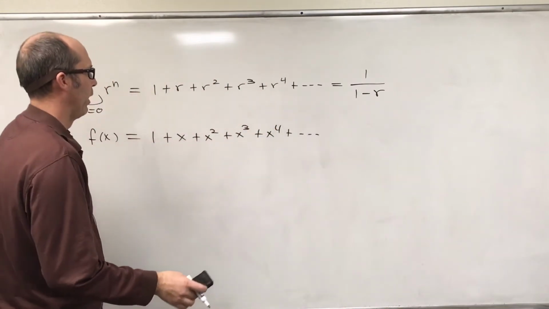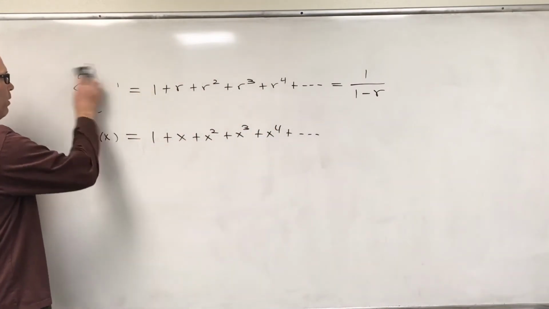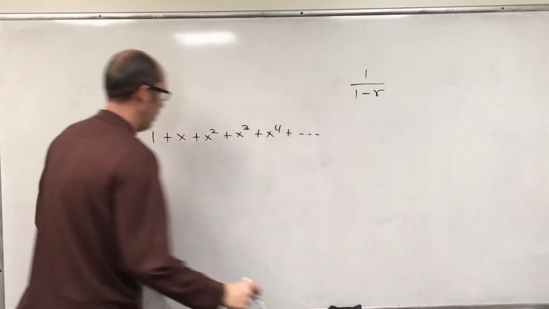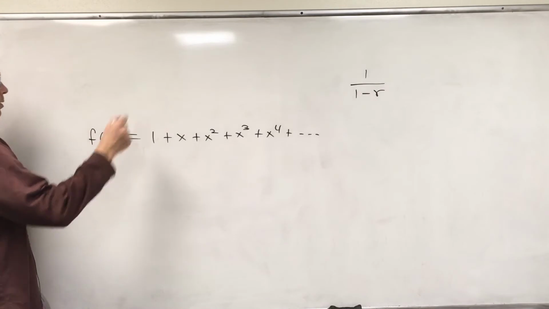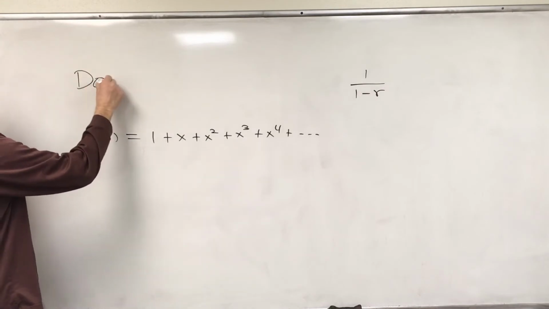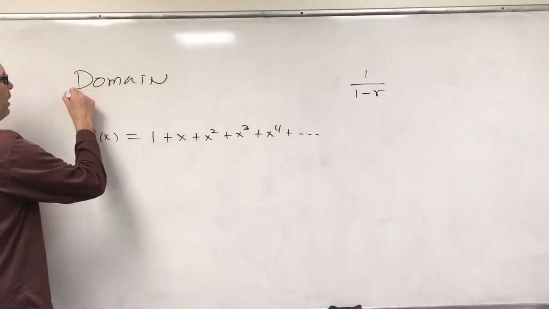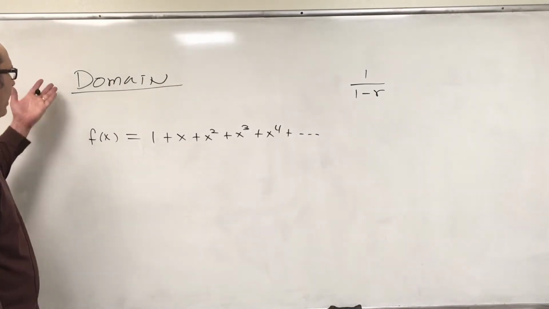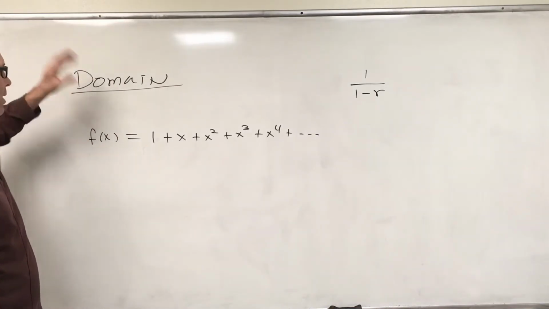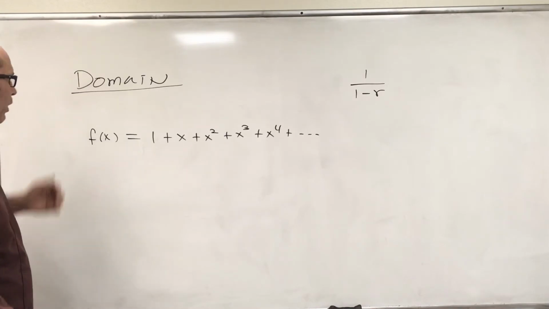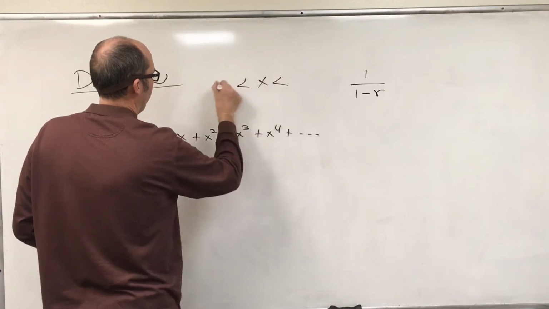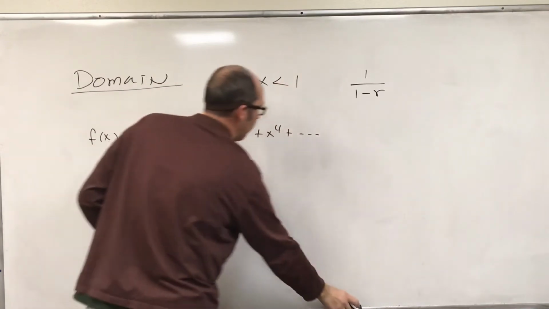Okay, now let's leave that there. Now remember domain, right? What is the domain of a function? Think of the domain as all the numbers that go in that make sense. All right, so now let's pick an x between -1 and 1.